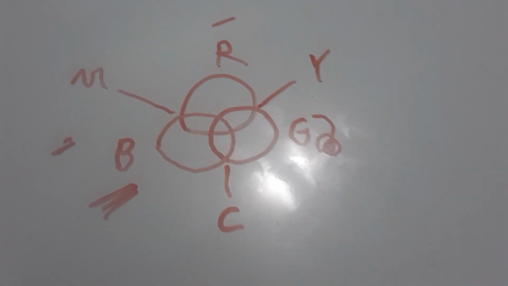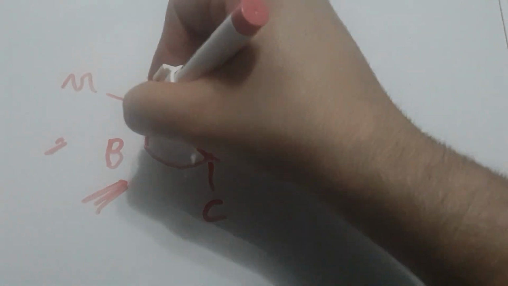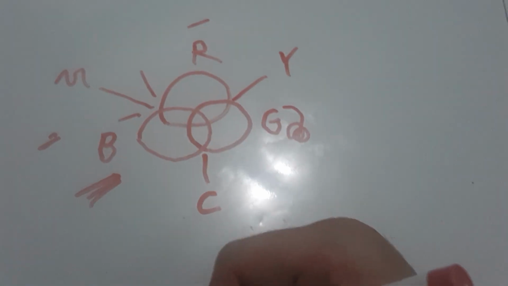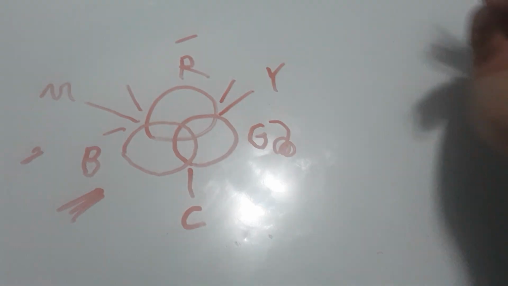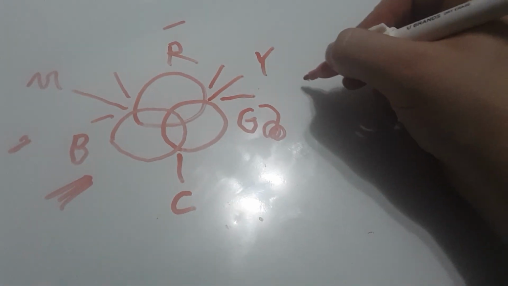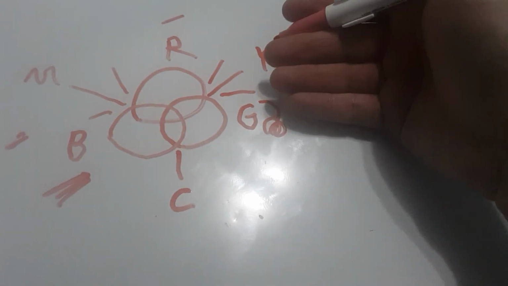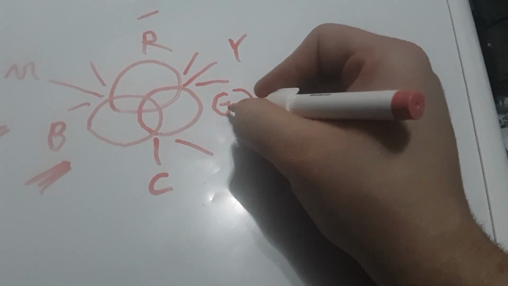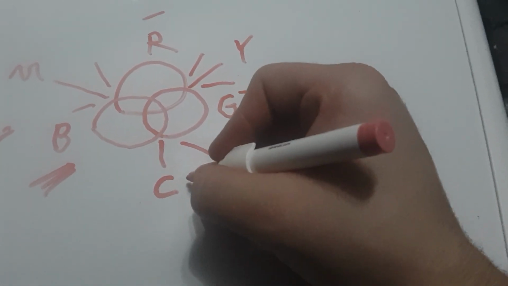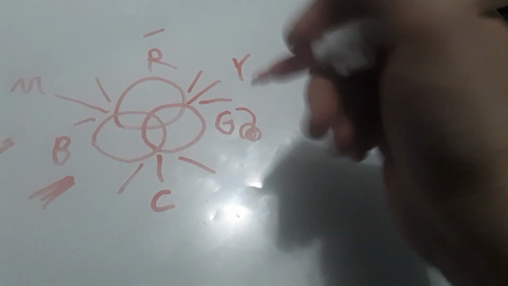And we can create other colors here, like a more pink color that's more red-based, an orange, which is yellow-red, chartreuse, which is yellow-green, an aqua, which is between a cyan and a green, and a sky blue, almost between blue and cyan.